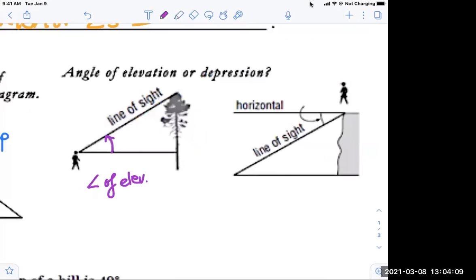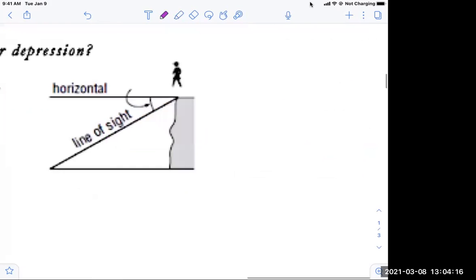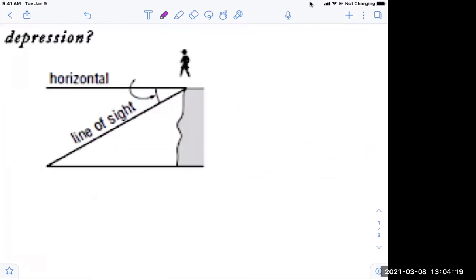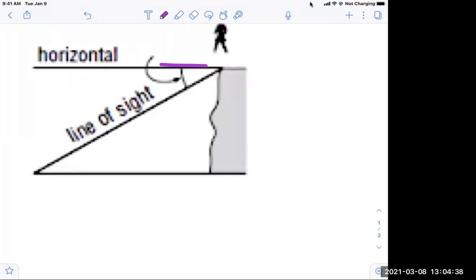And then for the other one, this person, they might be on the beach looking down at somebody in the water. They might be on a mountain looking down at someone in a valley. Okay, so it's always going to be from the higher looking down below. So it's this angle right here that would be an angle of depression.